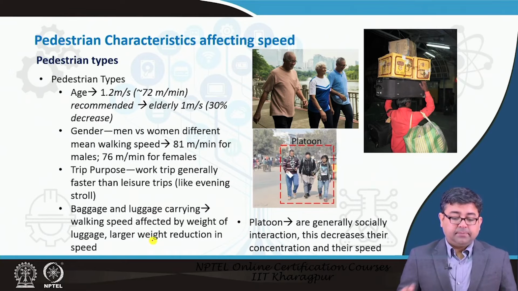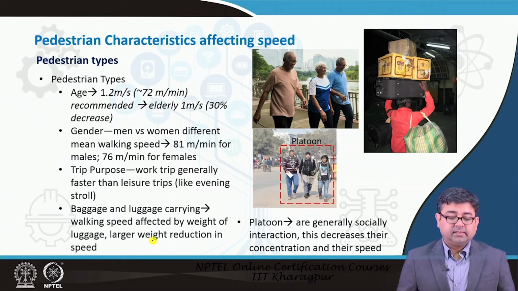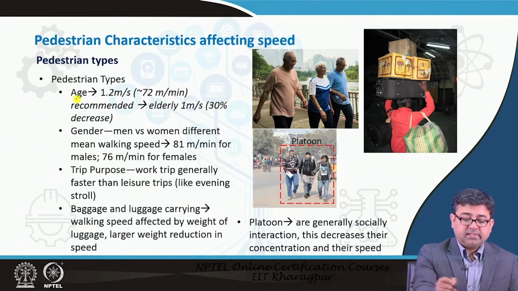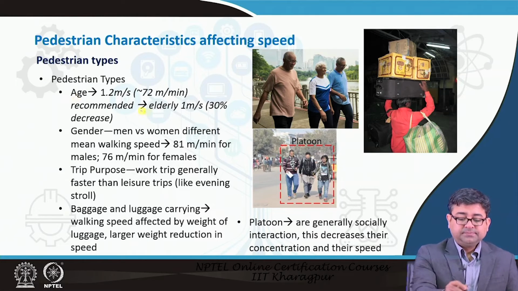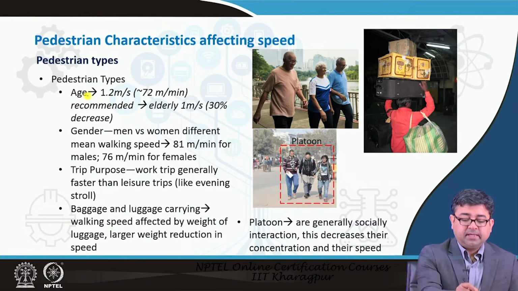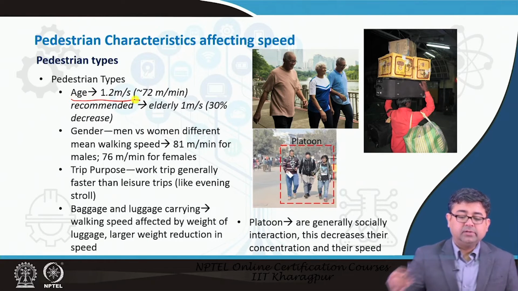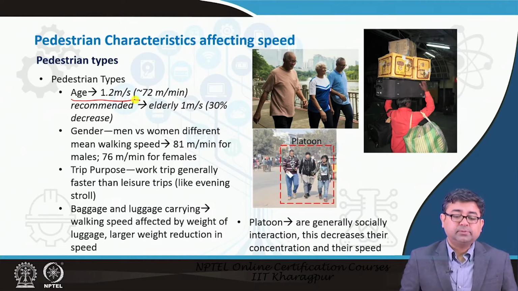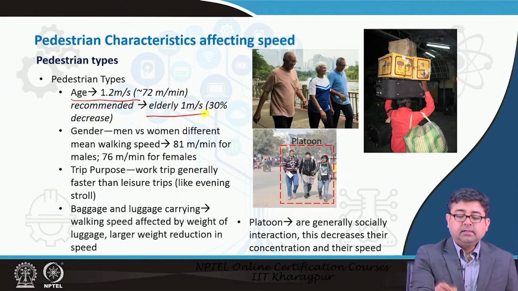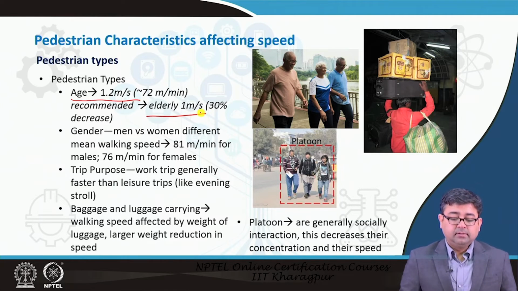Now, based on the different types of pedestrians, there are some average values of speed that can be used. Based on age, you can say that the average speed at which people walk is usually 1.2 meters per second. The elderly walk a little bit slower, 1 meter per second.